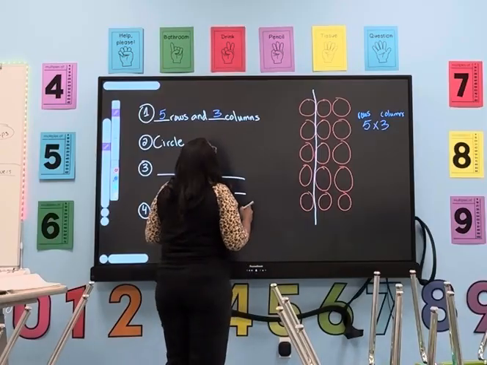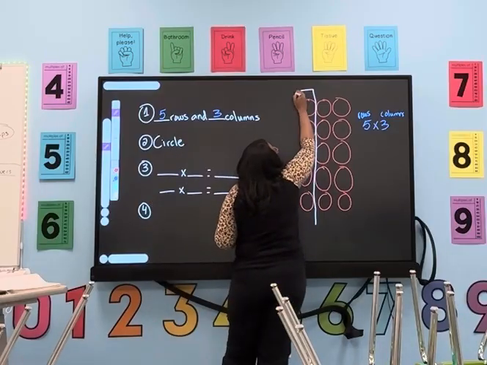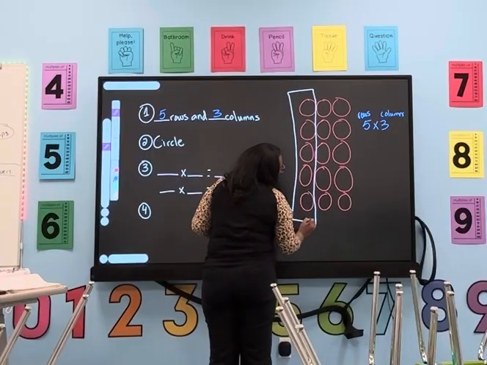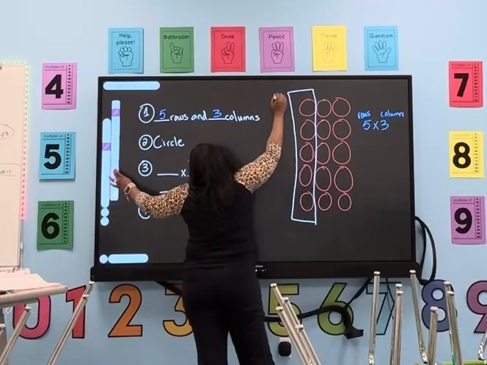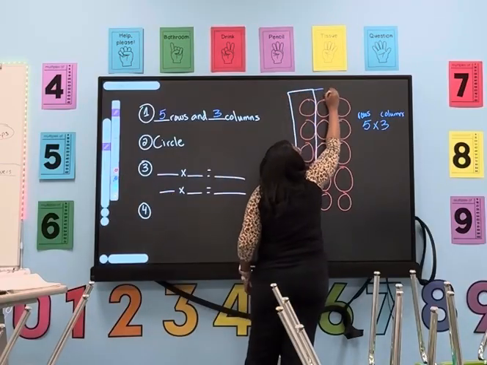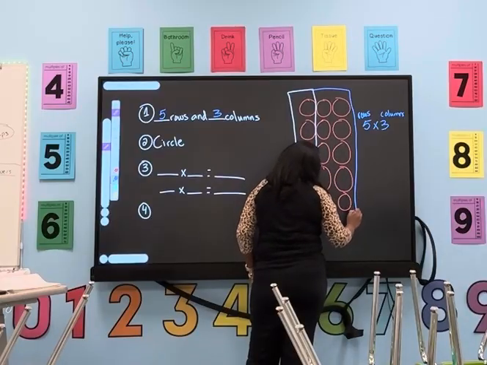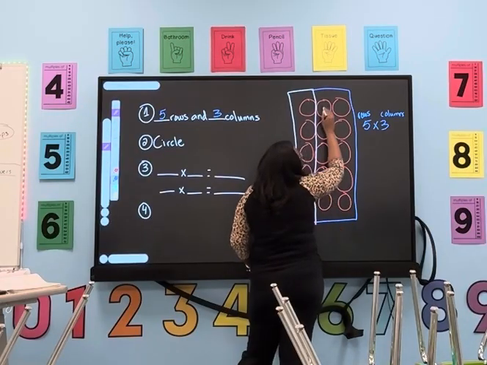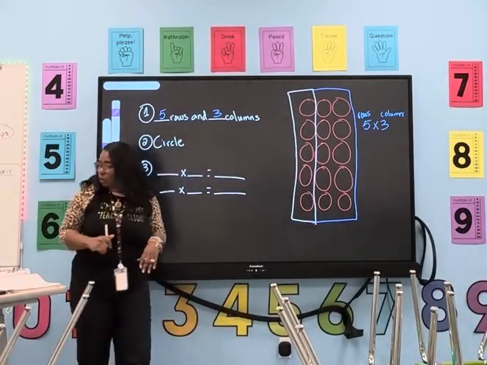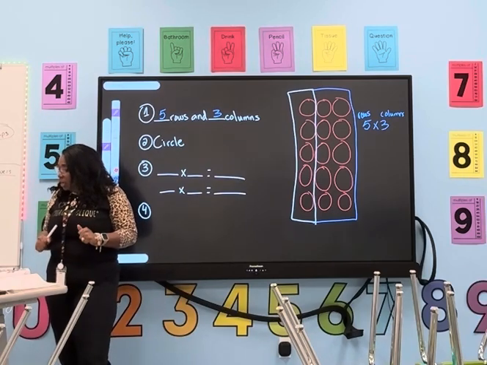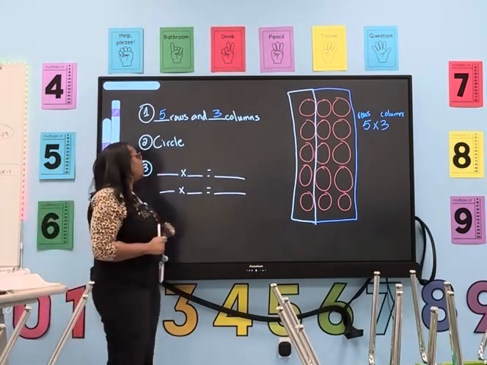So when it breaks it apart, now this is one array, and this side, I'm going to do in a different color. This side is now my second array. So these are the 2 separate arrays that we break it up into. So when it says to circle the columns to break it up into 2 parts, this is the 2 parts.